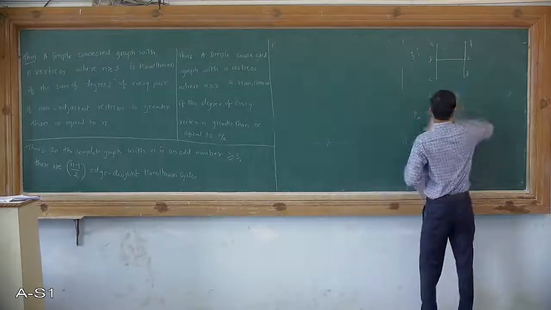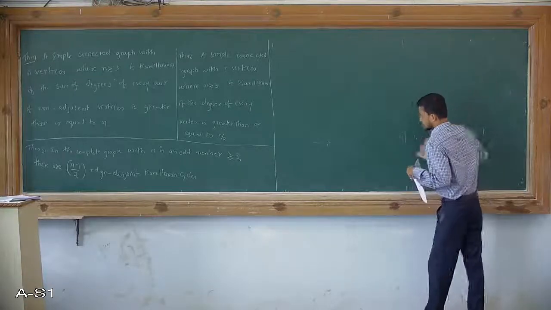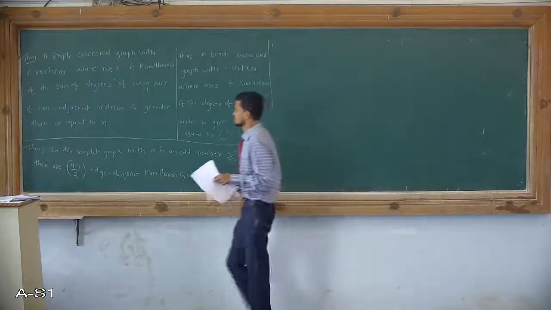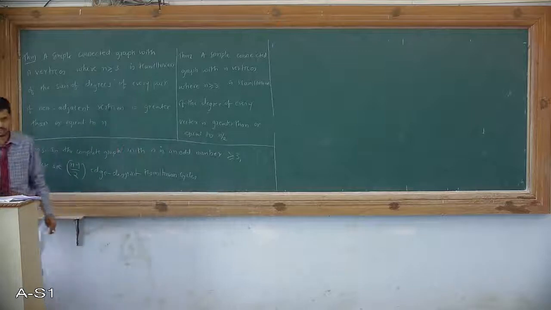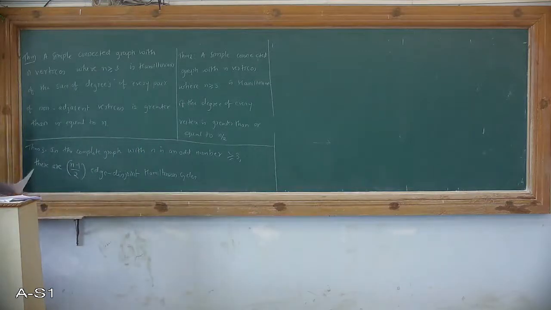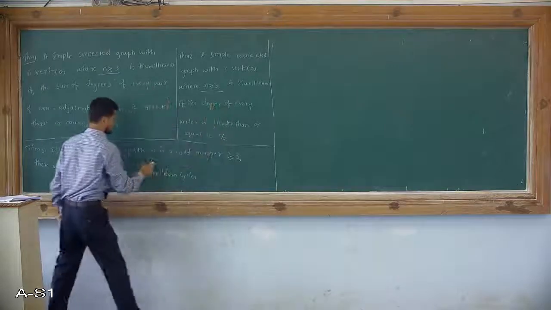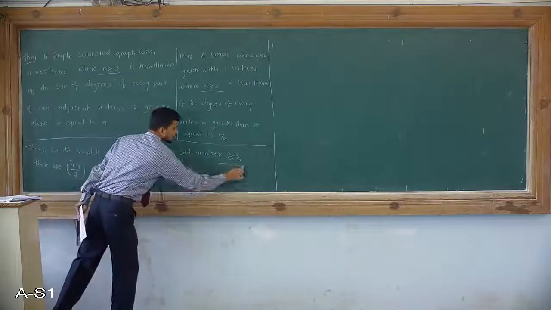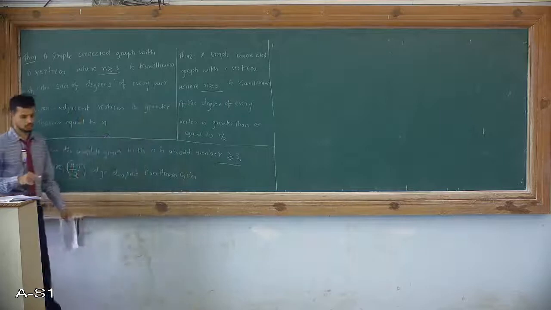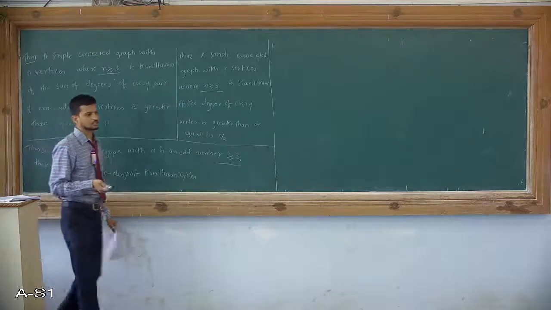before going to the next question, I try to convey the message based on the Hamiltonian theorems. If you observe, n is greater than or equal to 3 everywhere. Why? Because if you want to have a cycle, at least 3 vertices should be there.